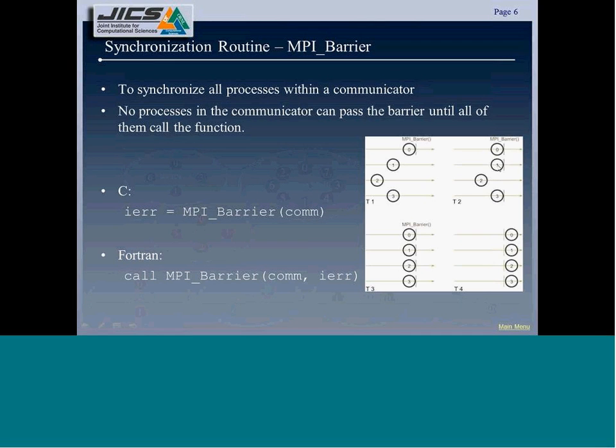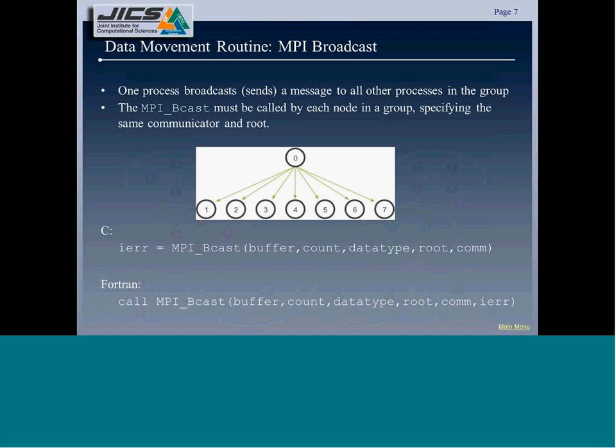At time T2, processes 1 and 3 reach the same point, so they also stop and wait for the remaining process 2 to reach it. Once they all execute this MPI function, they're allowed to proceed. This is how it works, and it is a pretty standard function.